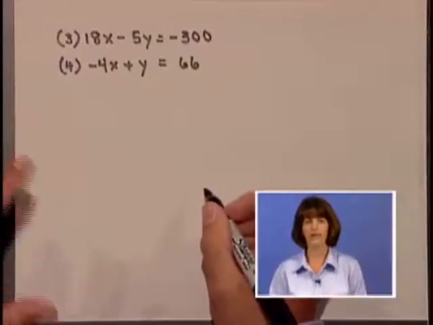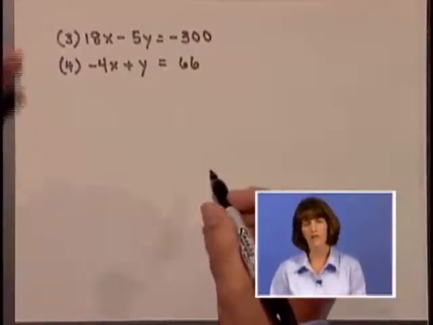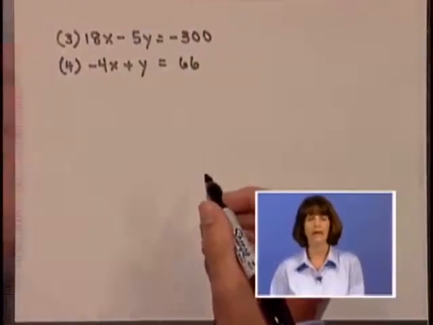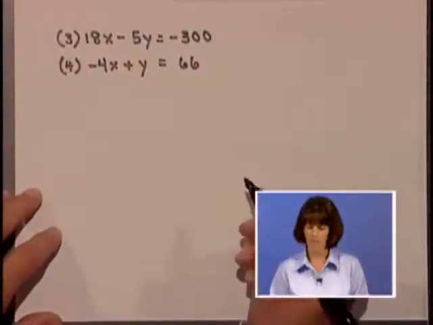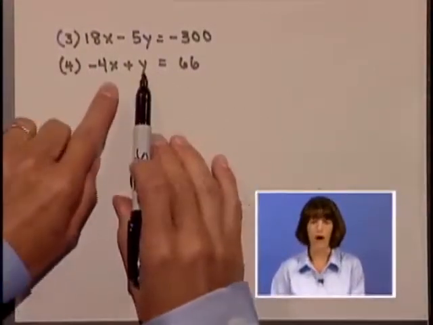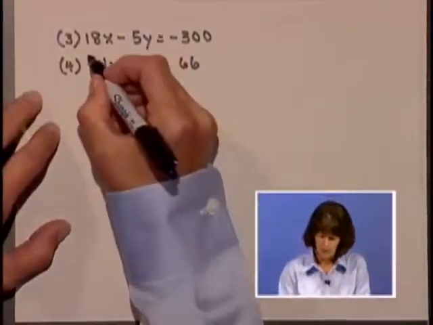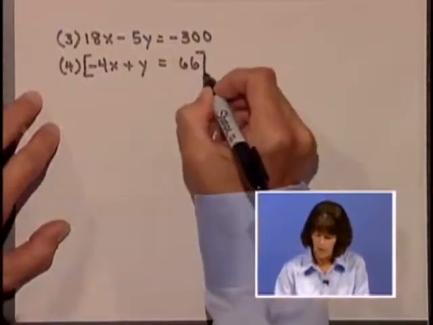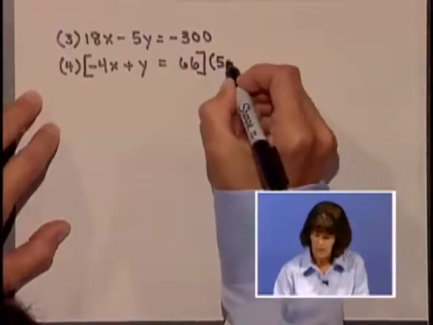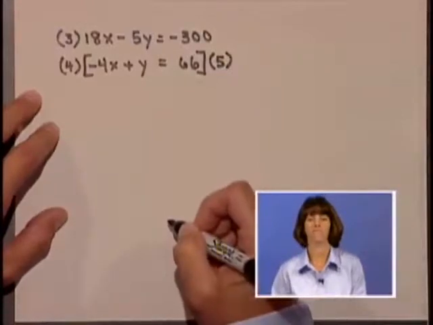Now remember, we're using the elimination method, so we want to be able to add these 2 equations together and get one of those variables to cancel out. I think I'll work on that variable y and multiply equation 4 through by the value 5.